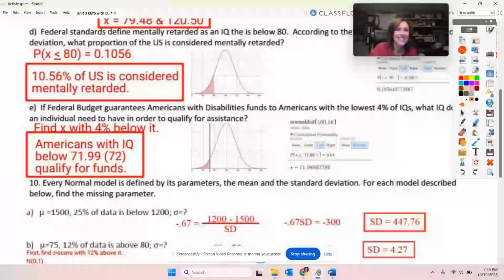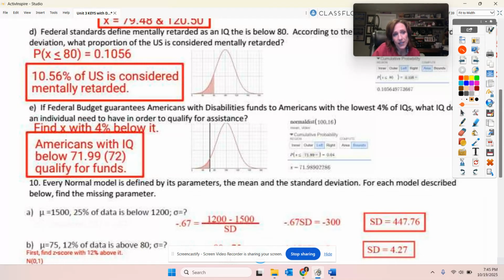They call it ID instead of MR. So it's now defined as, I think, being below 70, and the reason I think they do that is so that it matches federal standards on the money they will pay for, because I remember when I first started teaching, ID, or MRID, whatever, was classified as below 80. So it has definitely changed, and I think it's because of this discrepancy right here.